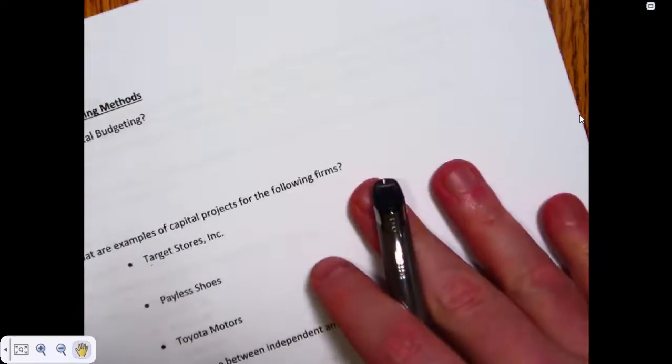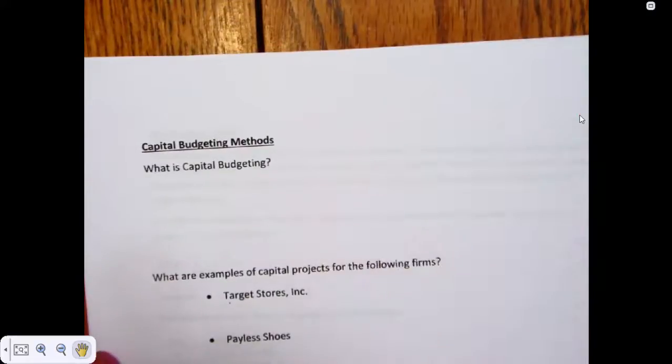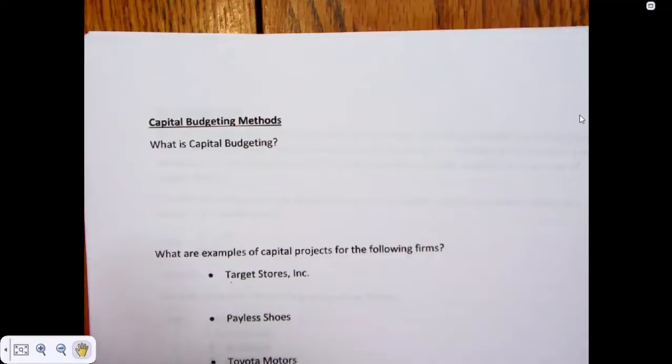The first item on the sheets that I have out online for you says, what is capital budgeting?